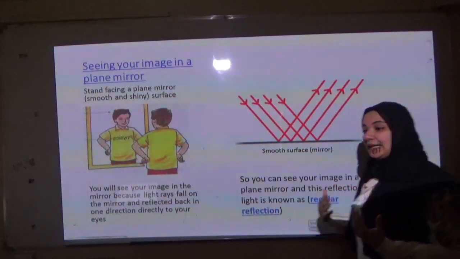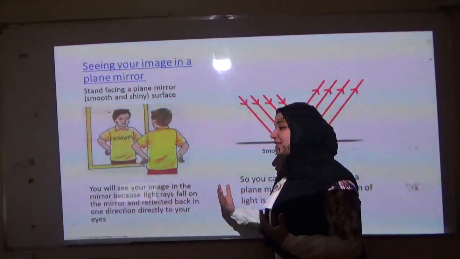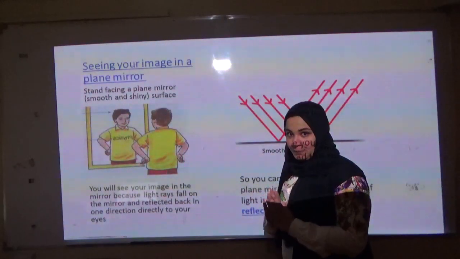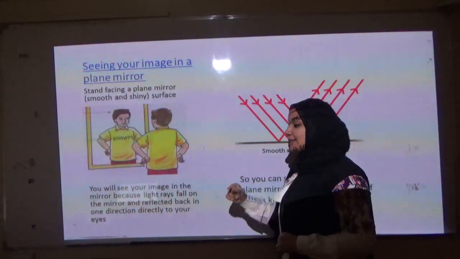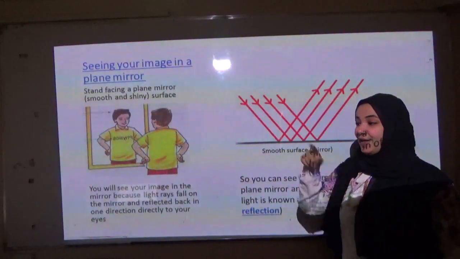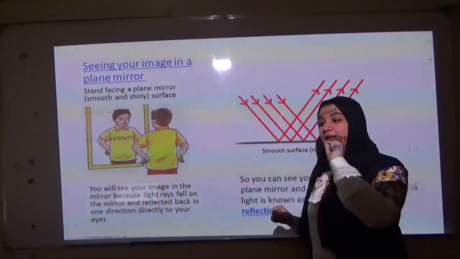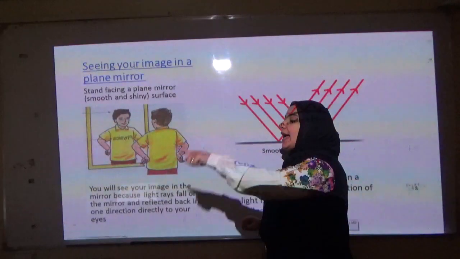And when you get near to the mirror, you can see yourself near to the mirror. Why? Because the distance between me and the mirror is equal to the distance between the mirror and the image.